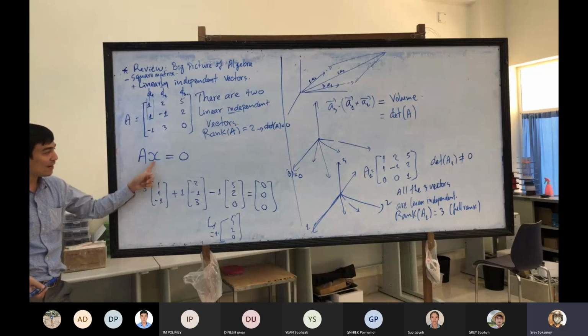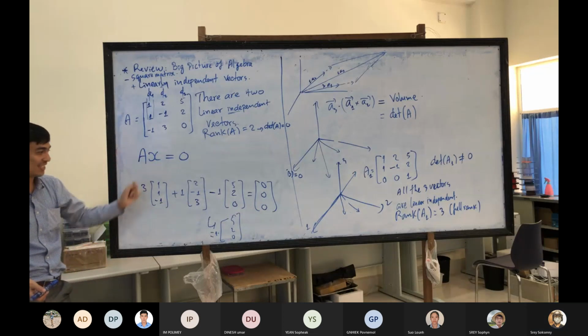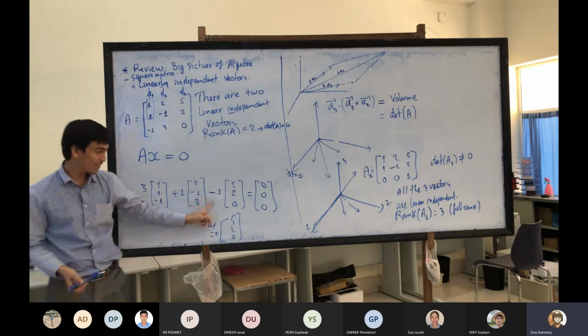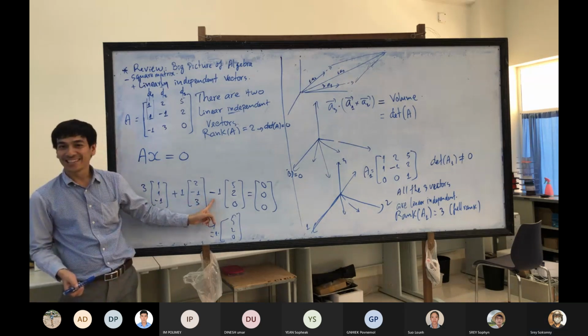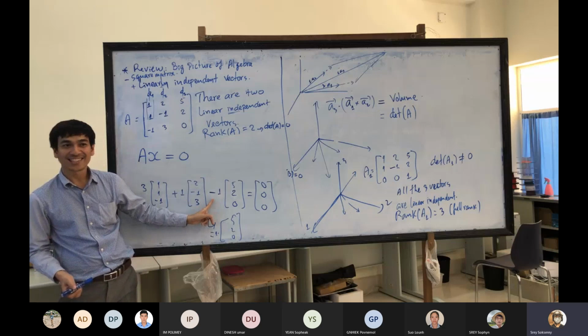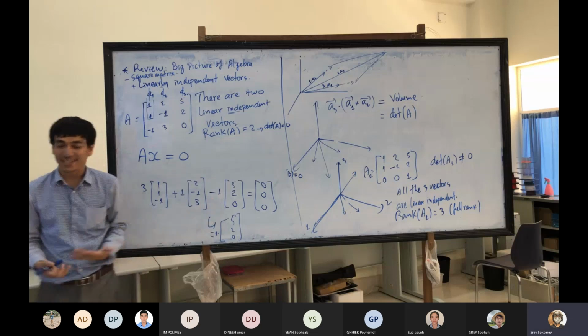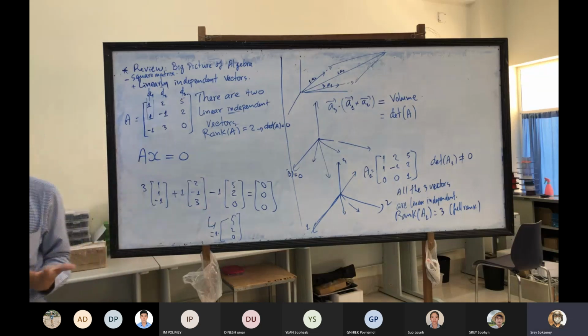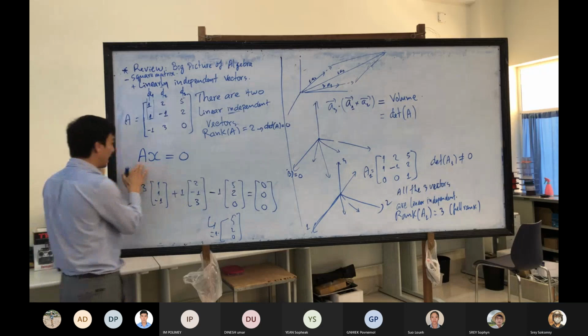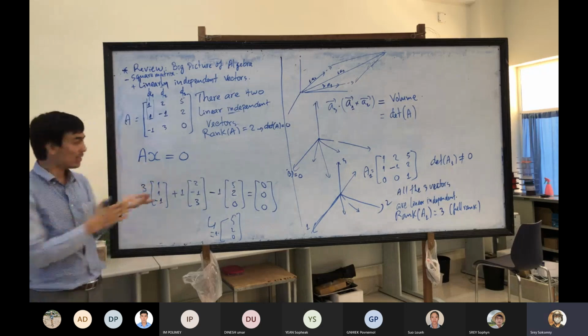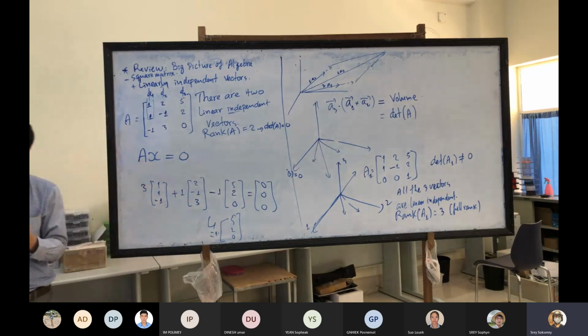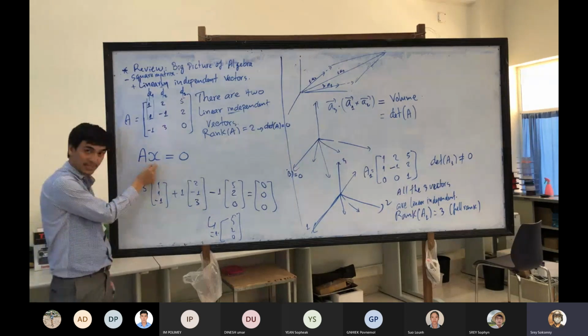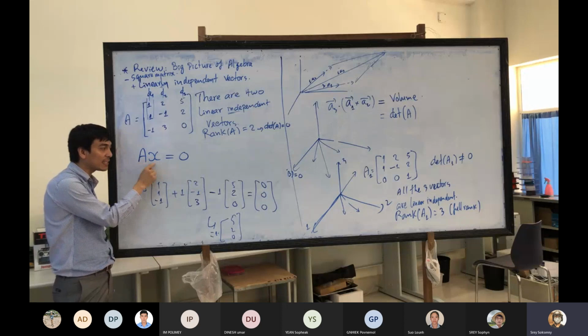So can you find x? Yes. x must be 3, 1, minus 1, right? Correct? So what does it mean? It means if the columns of A are dependent, then you can find x. You can find the solution x from the equation Ax equals 0.